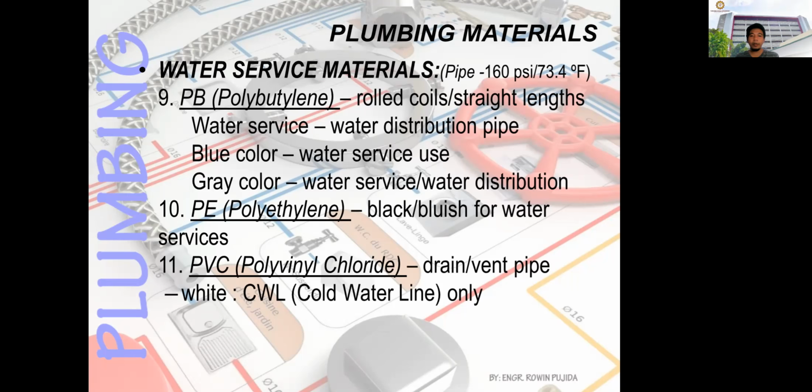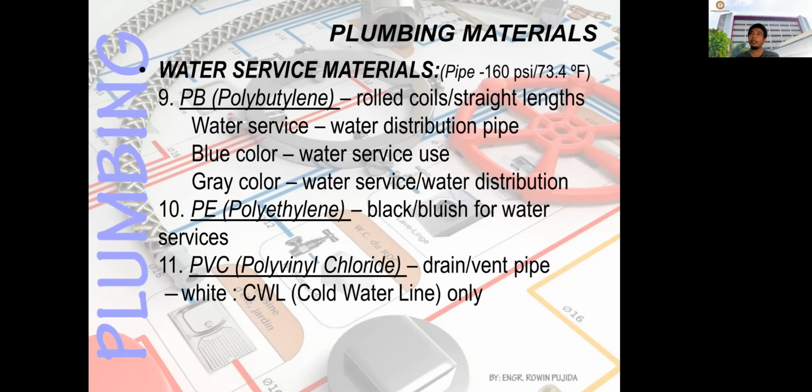Also, they have the blue color that is for water service use, and sometimes a gray color. So this is also used in water service or water distribution. Next, we have PE, the polyethylene pipe. The color is black and bluish, and this is also used for services.